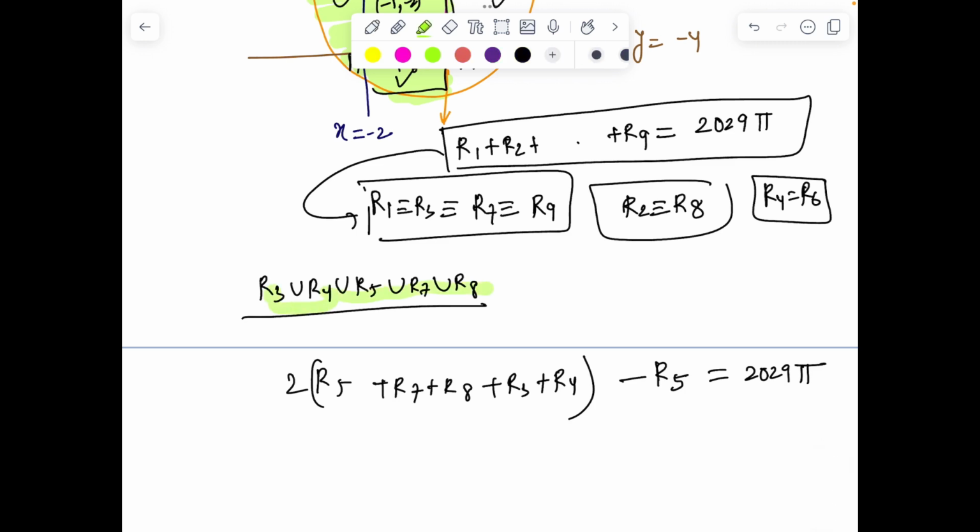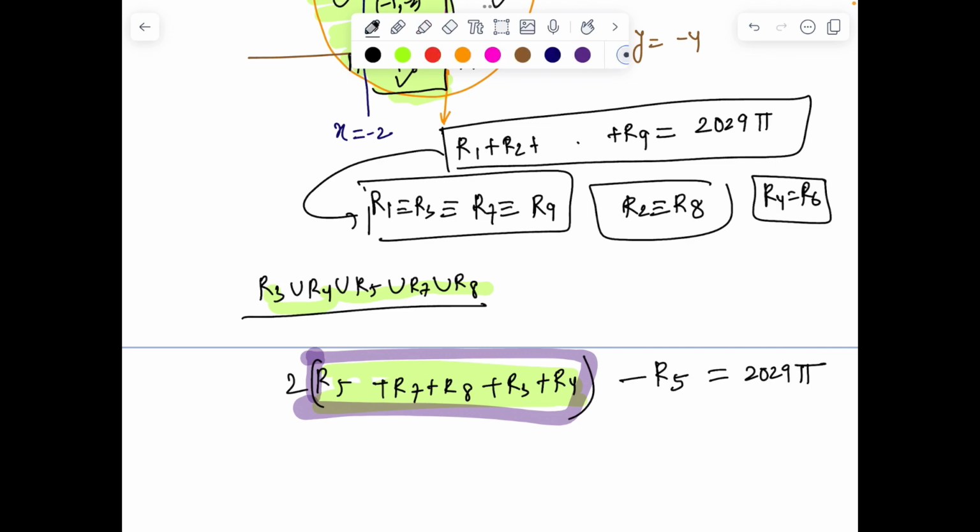And remember, the interesting thing is we need 3, 4, 5, 7, 8. So this part is required. To calculate this part, we just need to know the area of R5.